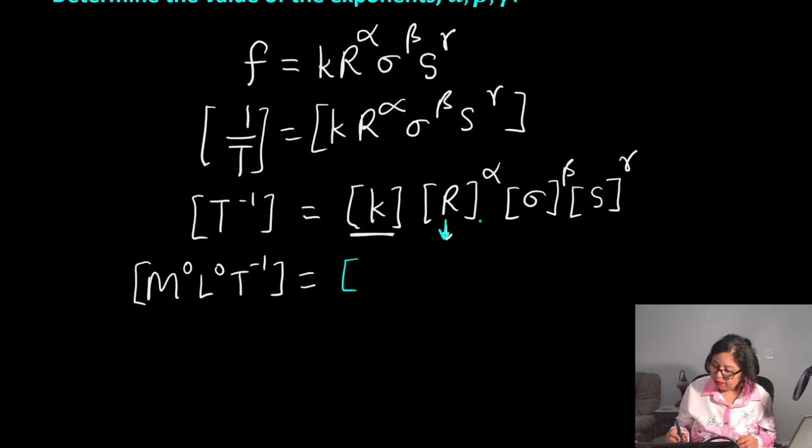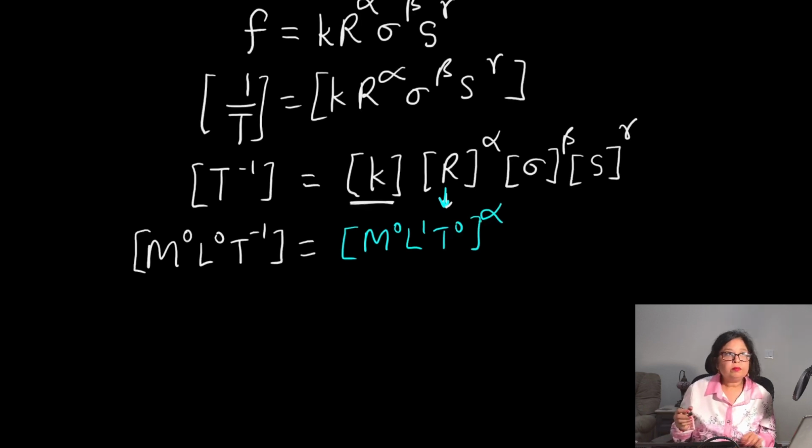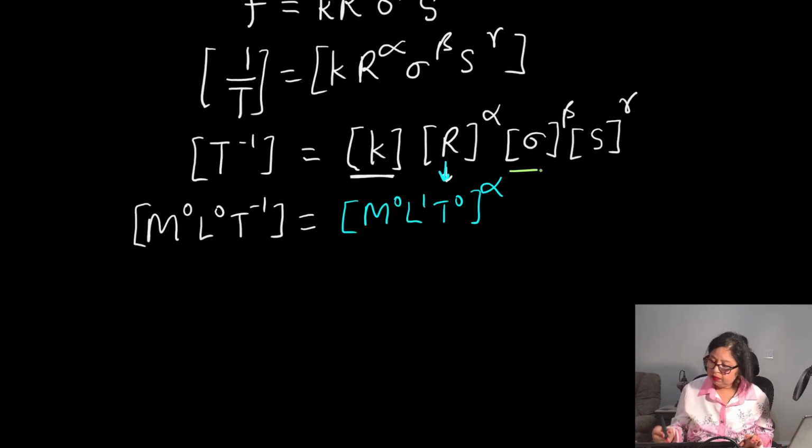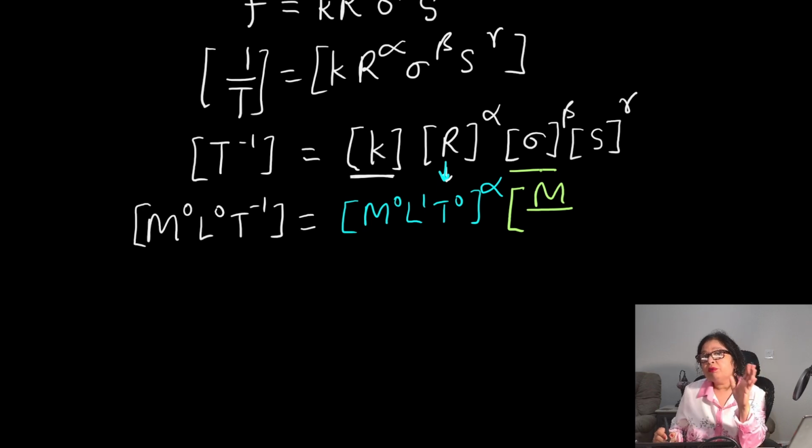This r is length, so it will be m0, L1, t0 to the power alpha. Then I have this sigma, which is density. Now density is going to be, I'm going to write down its formula for now, mass divided by volume. And the volume has dimensions of length cubed.